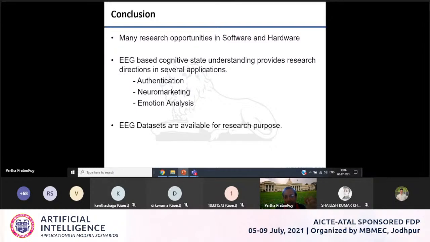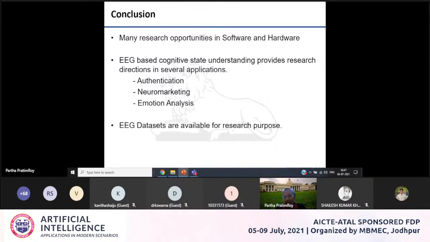Everyone will be using some cap or chip, and they will just talk or just imagine, and accordingly these actions will be done. This is the future. People are developing hardware and software for it, and EEG is being used extensively in the healthcare sector, and is also possible for other purposes like authentication, neuromarketing, emotion analysis, and others.